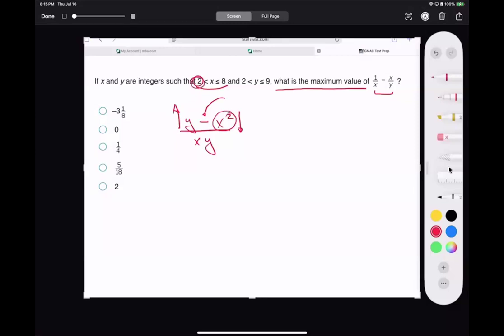If I put x 2, here is 4. So here is 9. Is that okay? So I put y 9 and I put 2. Do you guys agree? Is that okay? 9 minus 4 is 5, over 18. This is the maximum.